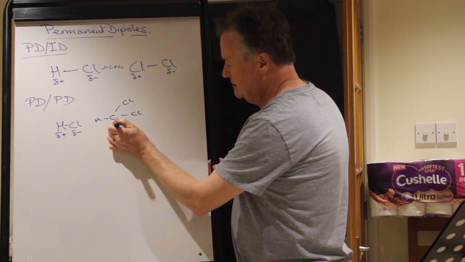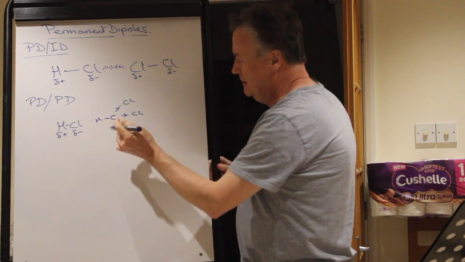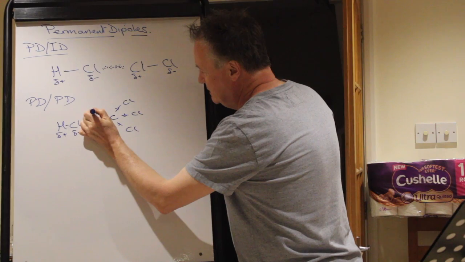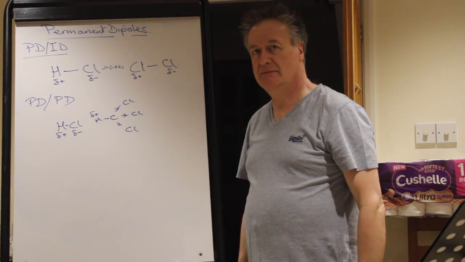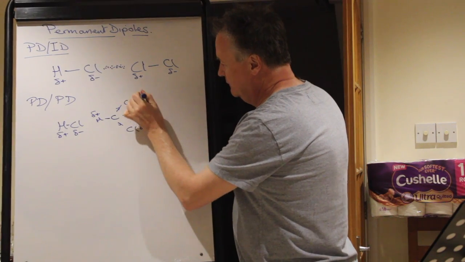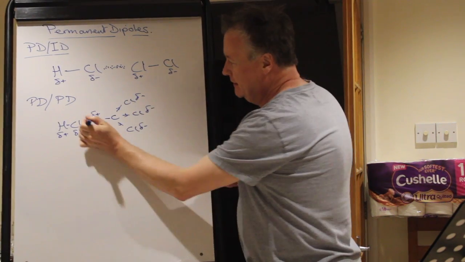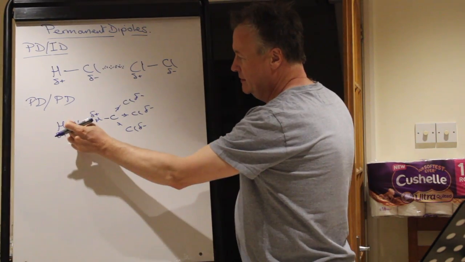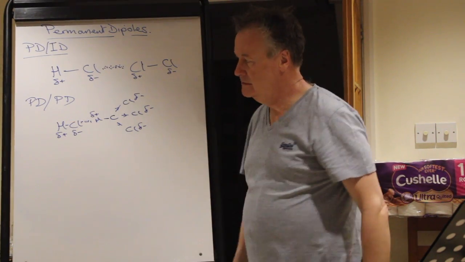So these things are dragging electric charge towards them, and that means that actually the hydrogen ends up delta plus and then all of these are delta minus.